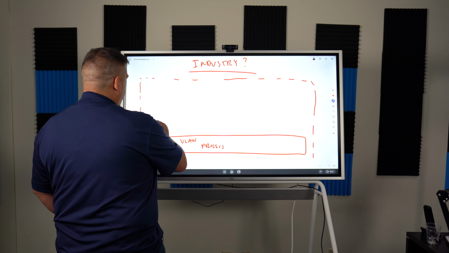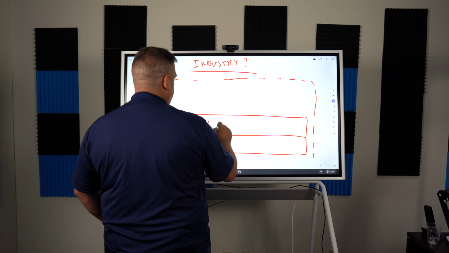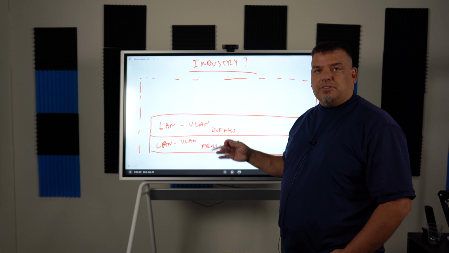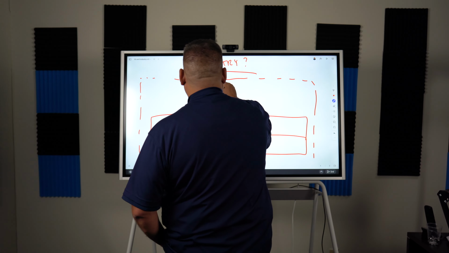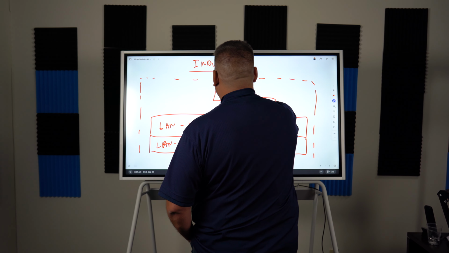I will then have my LAN, which is probably also a VLAN, which is our business network. This is all physical Ethernet or wireless Wi-Fi, and all of this goes back to the core.